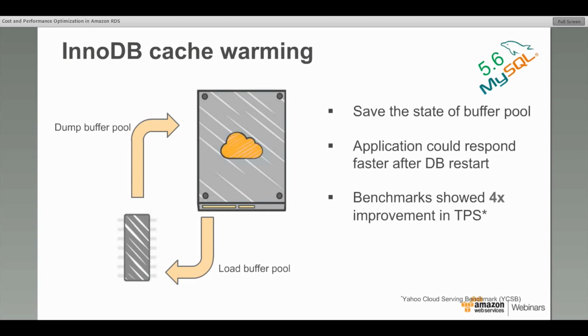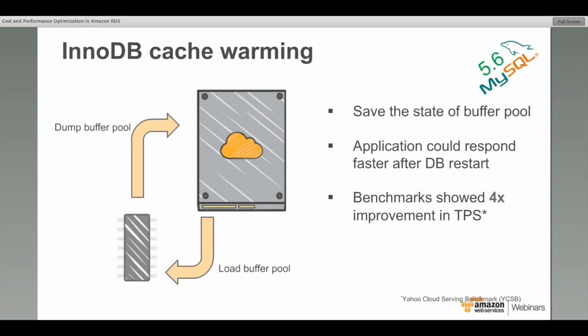But the downside is that once I fail over to my new primary database, the database cache is empty, and therefore I could have a period of time until the cache is filled again. So I will have decreased response time for my application once I've done the failover, simply because the buffer cache has not been filled.